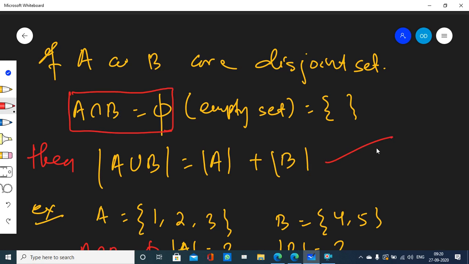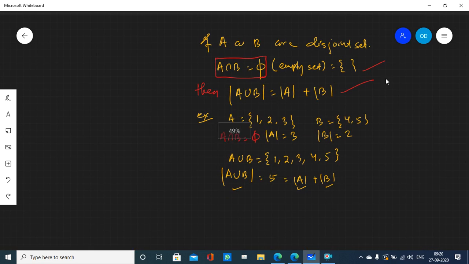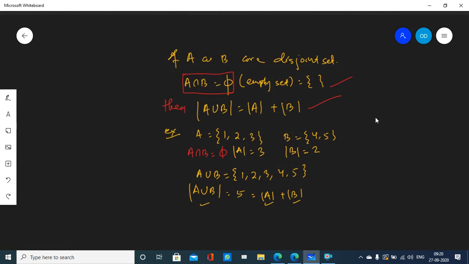Is it necessary that A intersection B is always an empty set? No, right? So this is only a specific case. Only when they are disjoint is cardinality of A union B equal to cardinality of A plus cardinality of B. Okay, so take the screenshot.